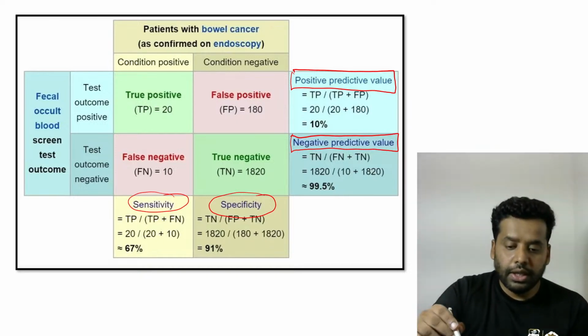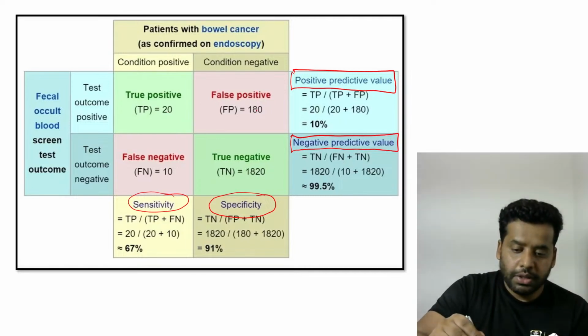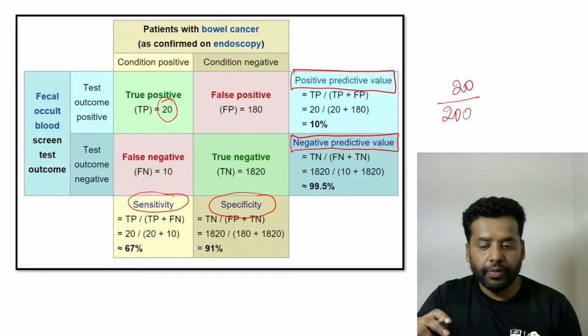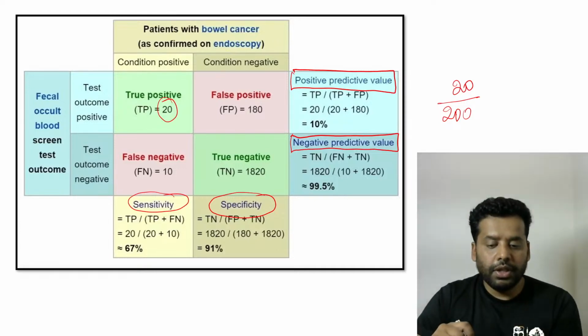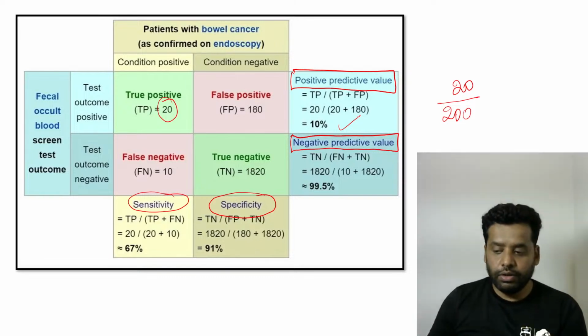Out of total test positives, like 20 plus 180, 200, how many are having disease? Very less. That is the positive predictive value of a test.